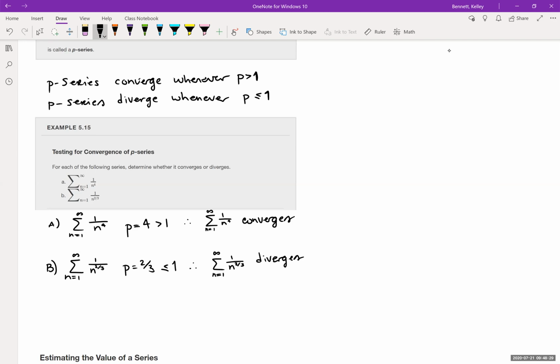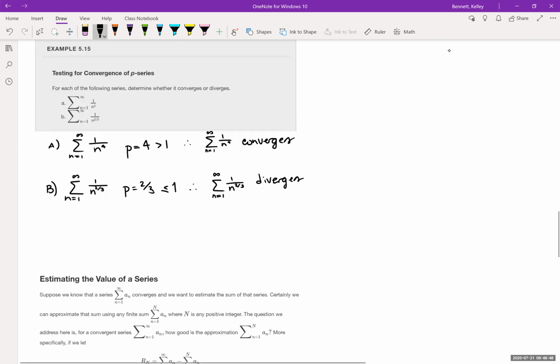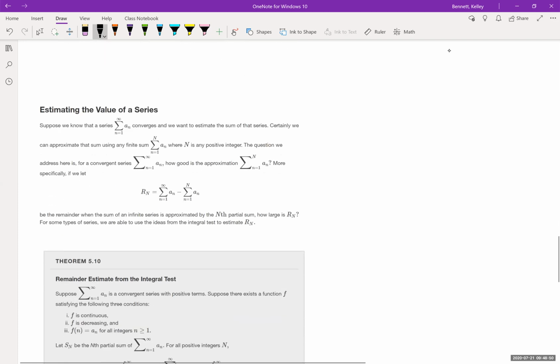So sometimes we'll just be like, okay, maybe I'll just estimate it by the first 10 terms. Or maybe I'll estimate it by the first 100 terms. And the idea here is to say, okay, if I use that estimation with a partial sum, how good of an estimation is it? And so we have a really cool way of doing that, and it relies on the integral test.